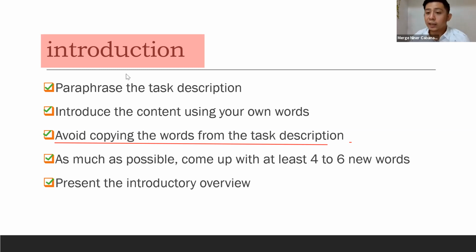What is within the scope of the general idea found within the context of your introduction? So in the introduction, this is what you're going to do. You paraphrase, you introduce the content in your own words, but before you do that, you underline the words from the task description so that you will have an idea which words to avoid copying and which words you have to come up with synonyms for, and as much as possible, provide 4 to 6 new words.